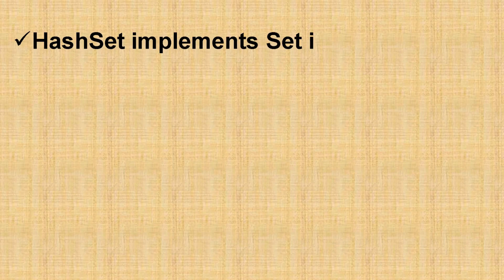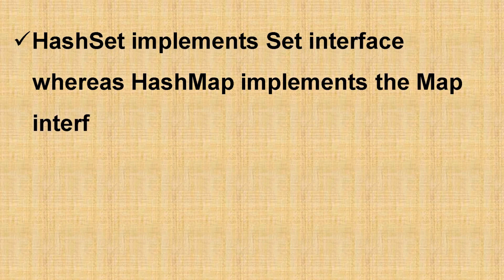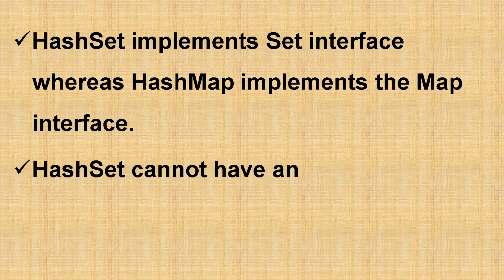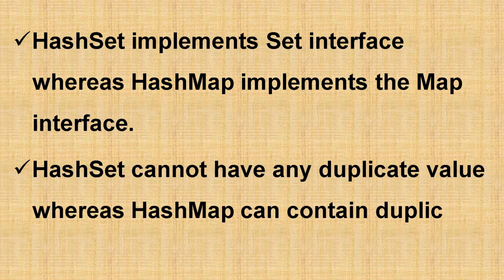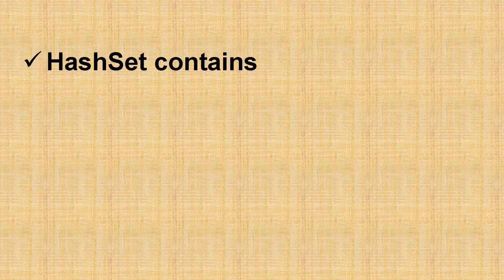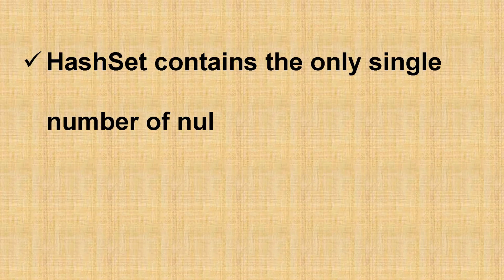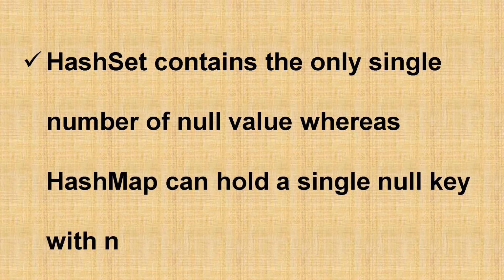Hash set implements set interface whereas hash map implements the map interface. Hash set cannot have any duplicate value whereas hash map can contain duplicate values with unique keys. Hash set contains only a single null value whereas hash map can hold a single null key with n number of null values.